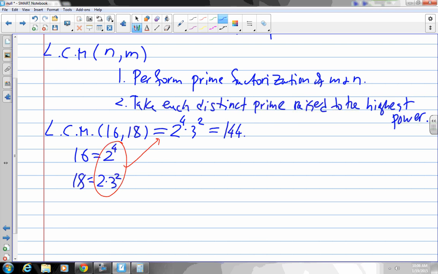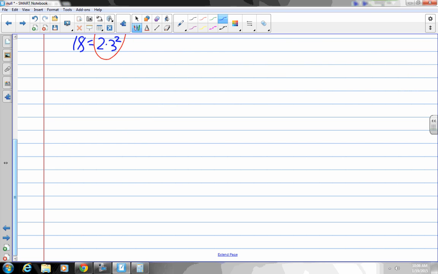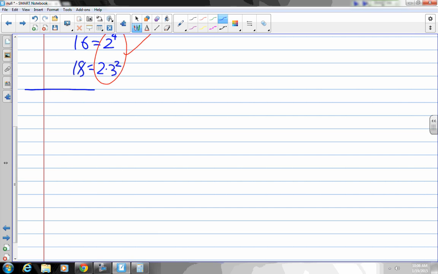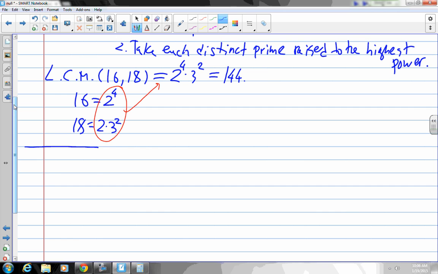Now, the other item that we talk about, in addition to LCM, is GCF. The greatest common factor.